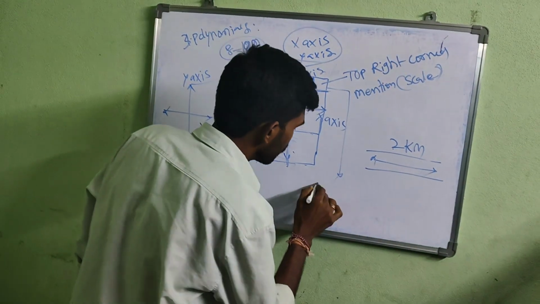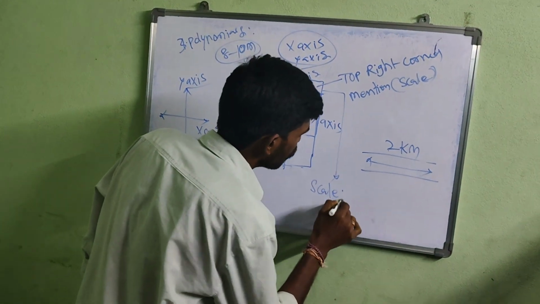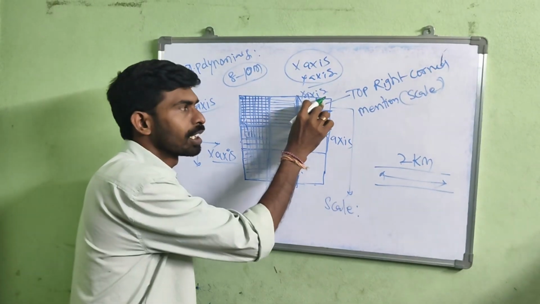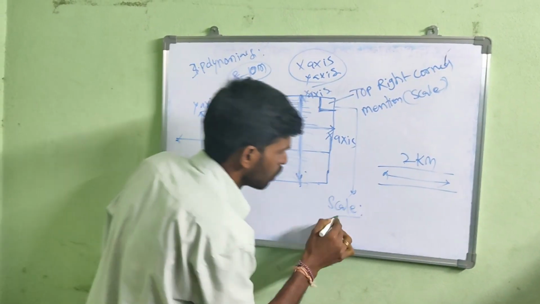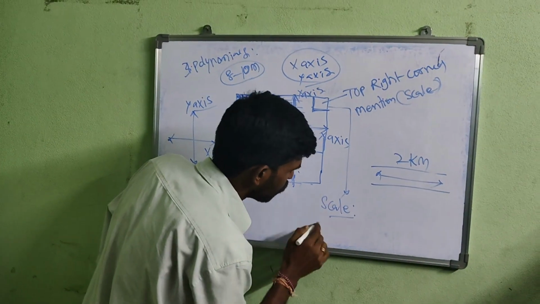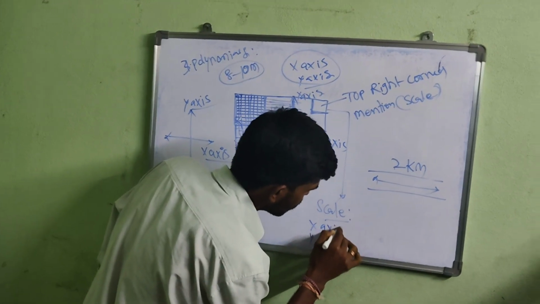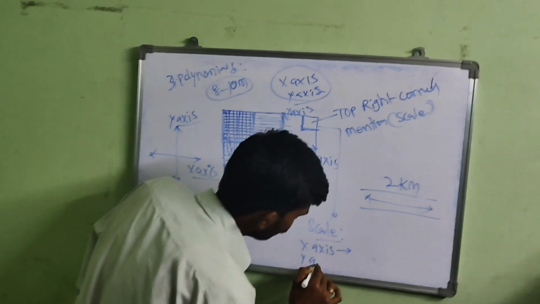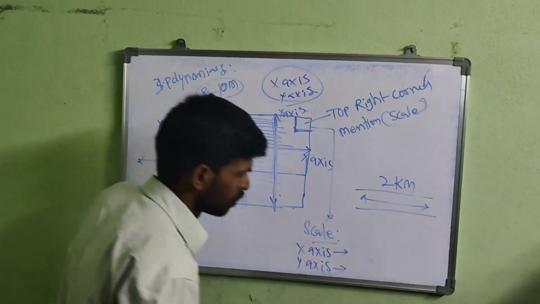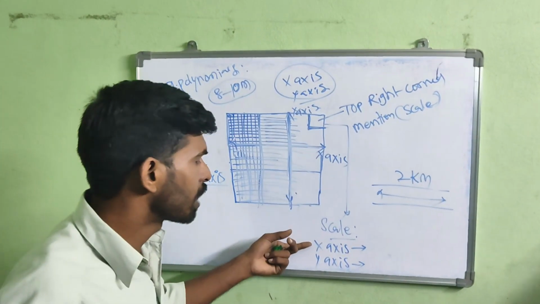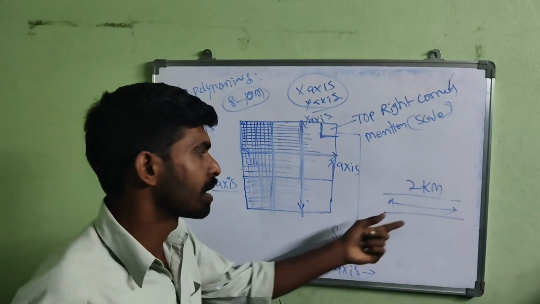I am writing it here: scale. You need to write it at the top right corner. Scale on the y-axis and x-axis. What is the scale for the x-axis? What is the scale for the y-axis?